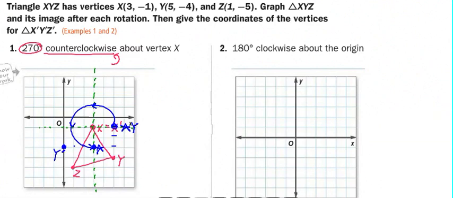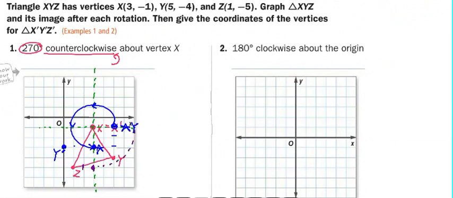Okay? Now I will rotate Z 270 degrees. I will do this in purple. So Z, if you notice, is 2 spaces away from the green vertical line. So I'm going to rotate this point about X 270 degrees. So it's 4 spaces away.